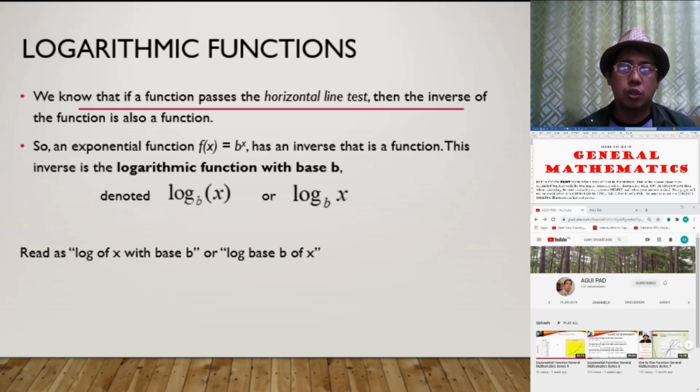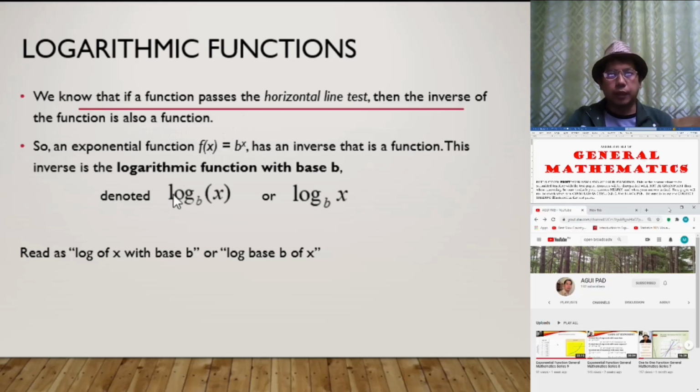Why? Because the exponential function is a prerequisite of the logarithmic function. It says here that if a function passes the horizontal line test, then the inverse of the function is also considered a function.